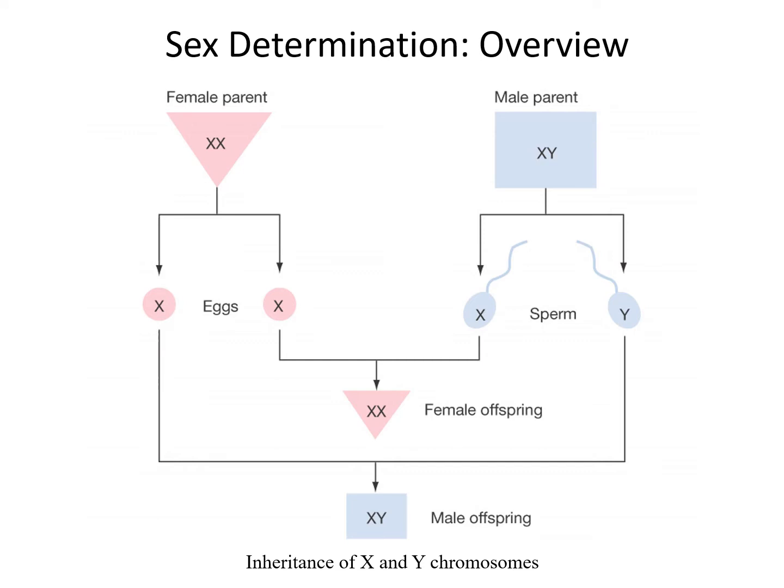If there's an X and a Y, that means that the embryo will develop as male. So it's going to be the sperm that will ultimately determine the sex of the zygote and the individual that it develops into. So the eggs are haploid, of course, and they will have one X chromosome. The sperm, half of them will have an X and half of them will have a Y.